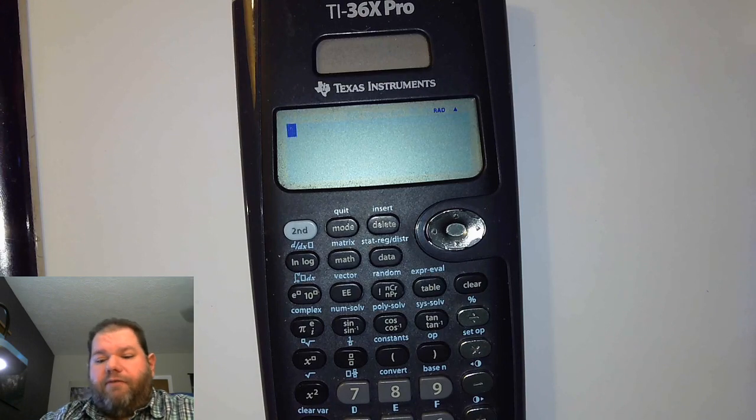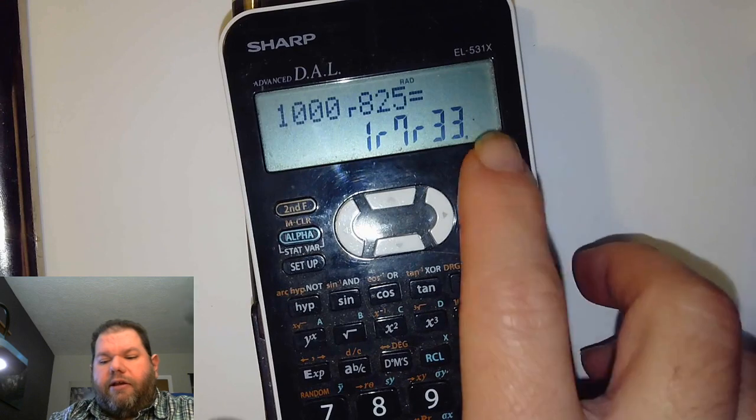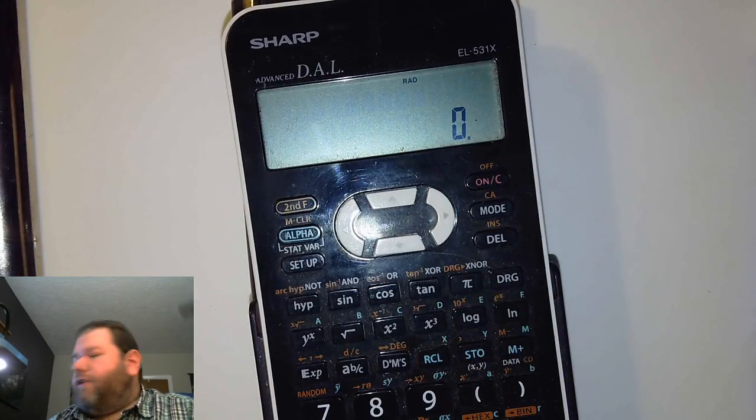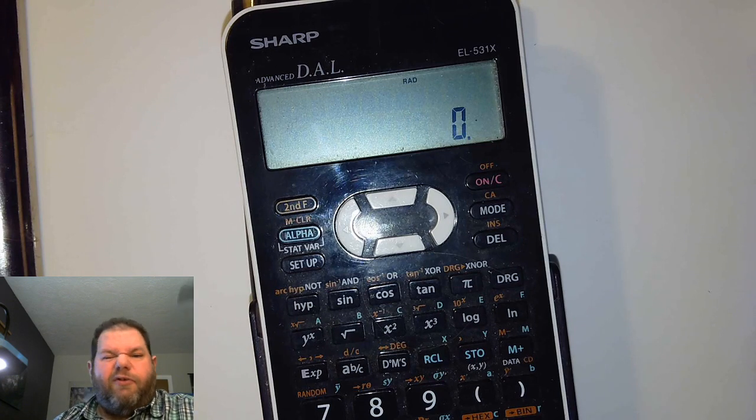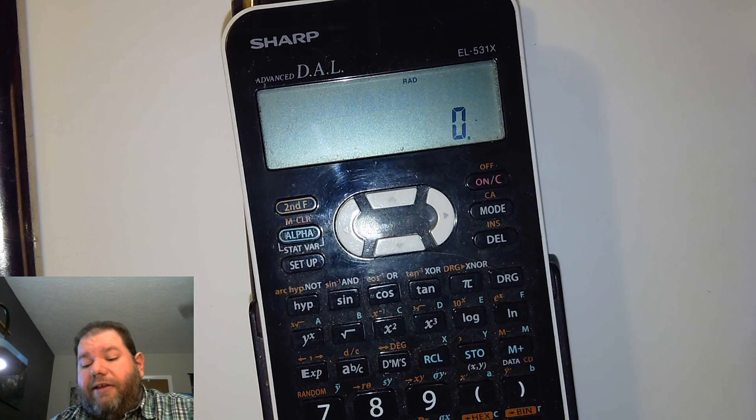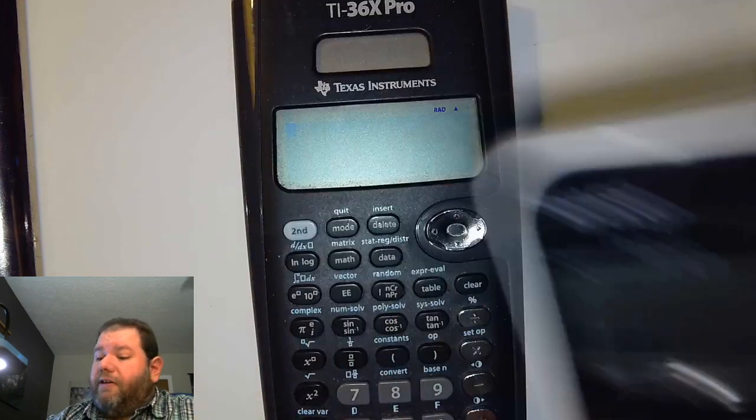But then I still have my own favorite calculator, which I feel is easier to use, which is the Sharp. I've used it all the way back to when I was in college, because of the way I've always preferred entering commands on this versus the TIs. But I think that just comes down to personal preference.